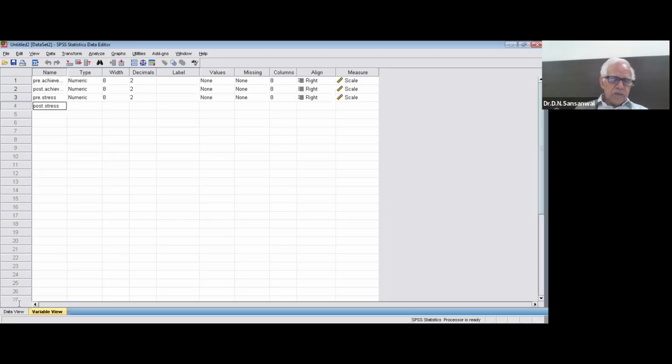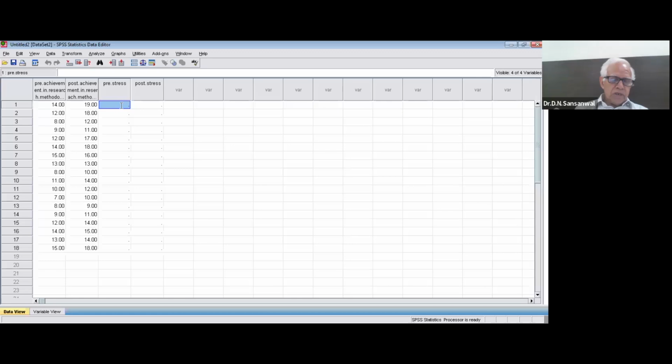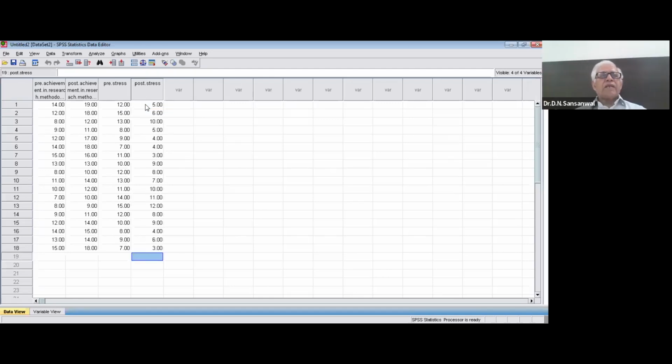Then you can enter the data of the pre-stress and post-stress. Suppose the pre-stress is something like this. And suppose the post-stress is like this.